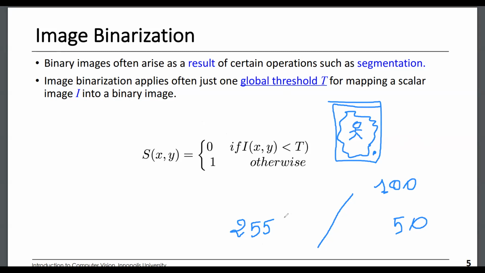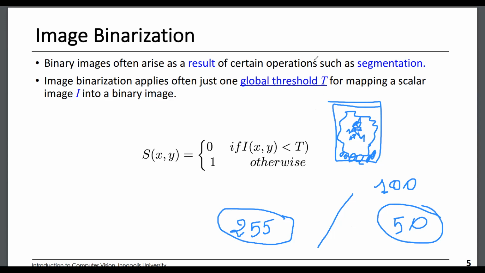Most of the pixels of the cat are going to be close to 255. Most of the pixels of the background are going to be close to 50. If we put a threshold of 100, we're easily going to set all of these to 0 and the pixels of the cat to 1. So this will give us the mask or the segmentation of the cat.